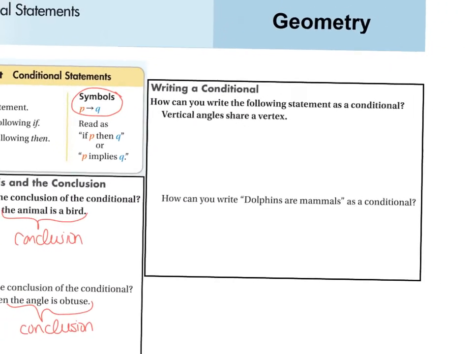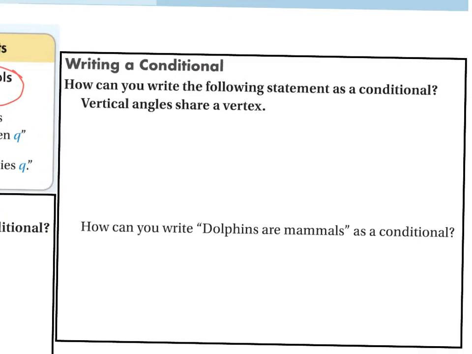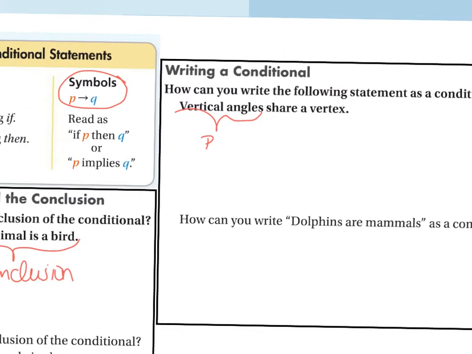Okay, how can you write the following statement as a conditional? We need to throw an if and a then in there and break it up into two pieces. Vertical angles share a vertex. Well, this looks like the first part, the hypothesis, and they use the variable P, remember?